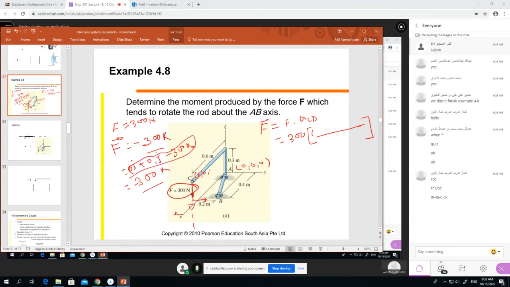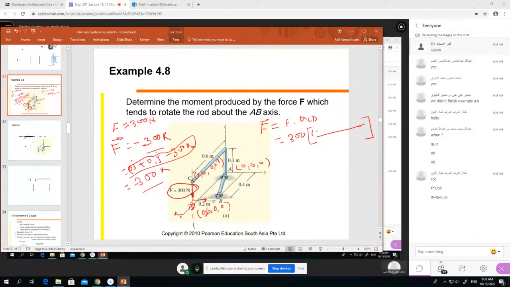C is 0.6 in the x direction, y direction is 0, and z direction is 0.3. D is 0.6 in the x direction, 0 in the y direction, and 0.